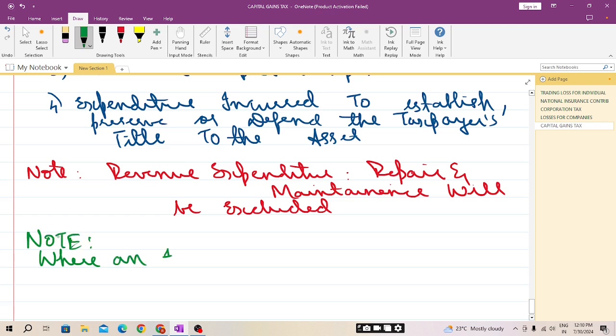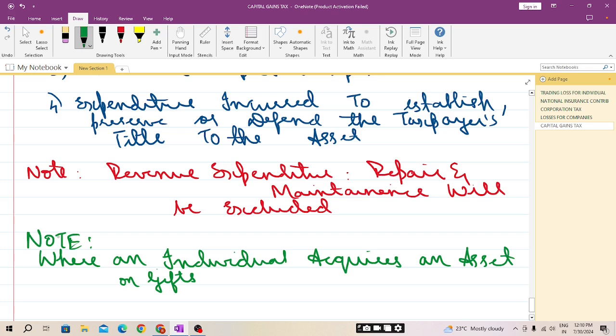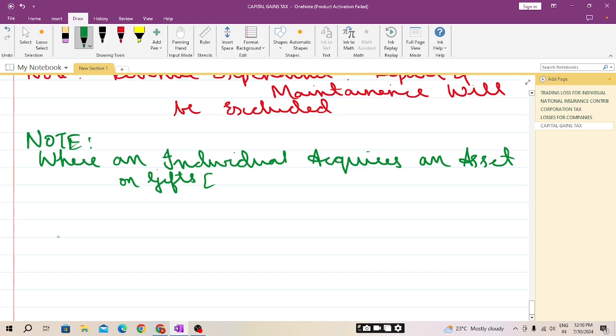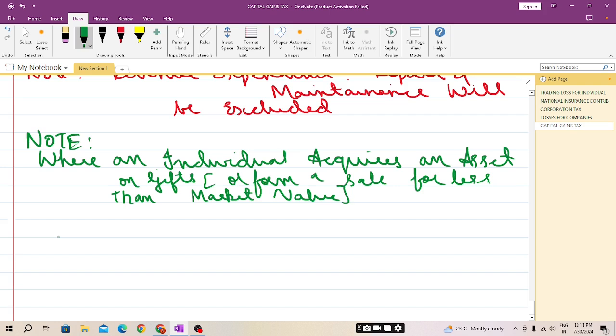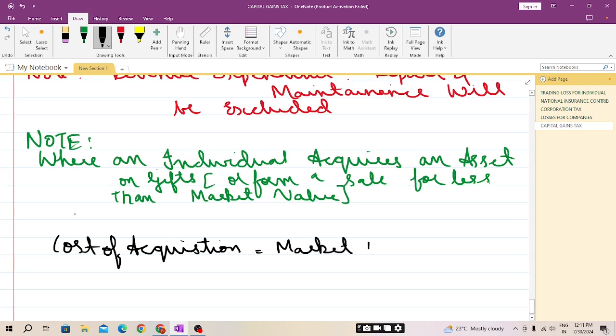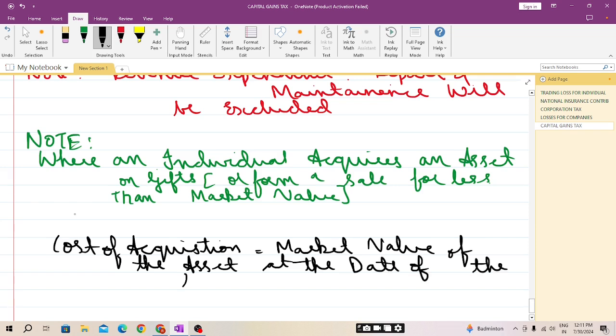Important note: where an individual acquires an asset as a gift, or from a sale for less than market value, in that case the cost of acquisition will be the market value of the asset at the date of the gift of the asset. I hope this is clear, students.